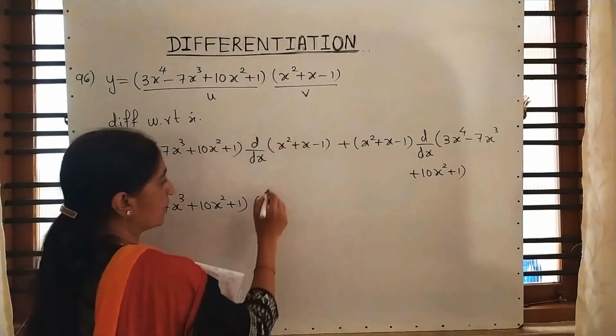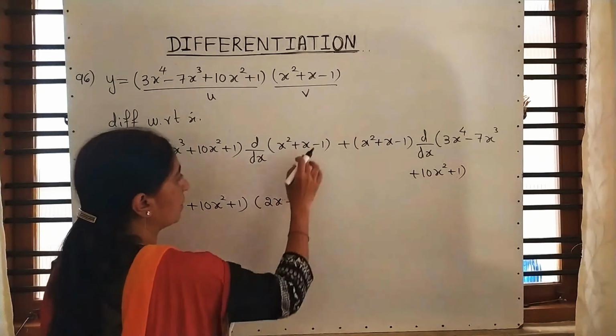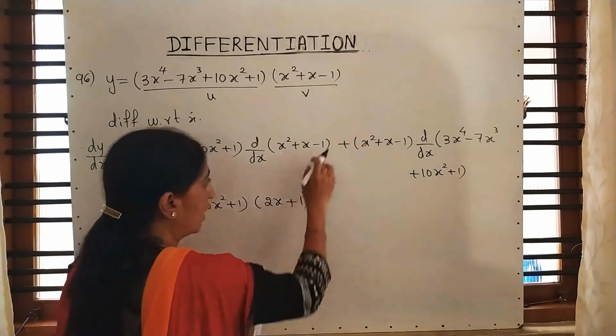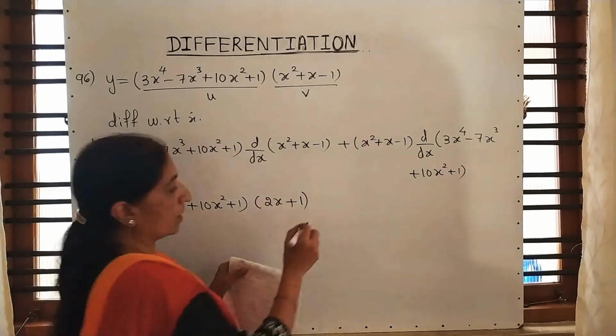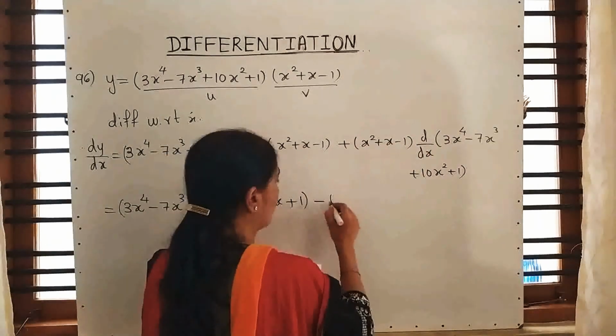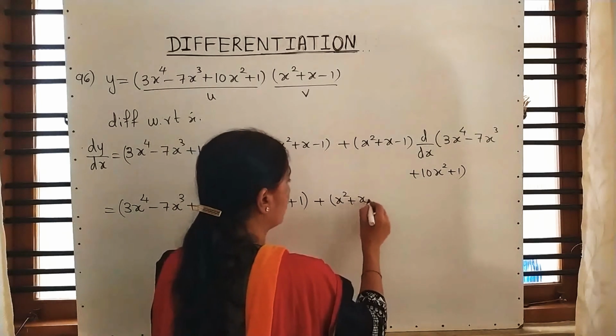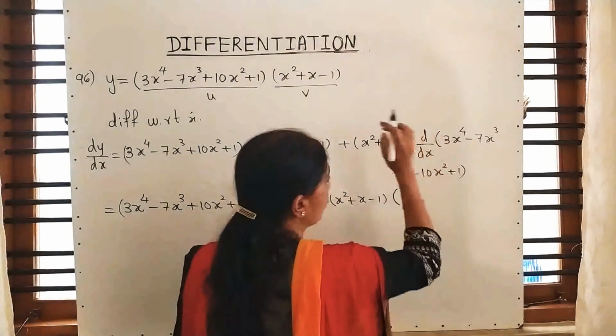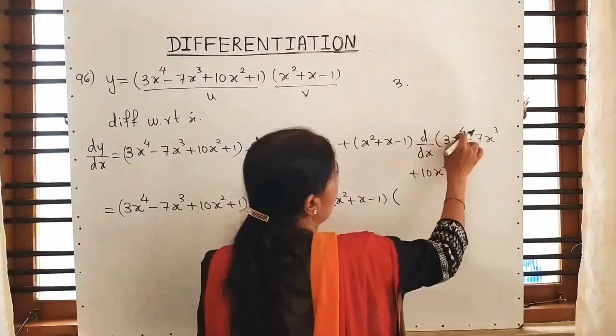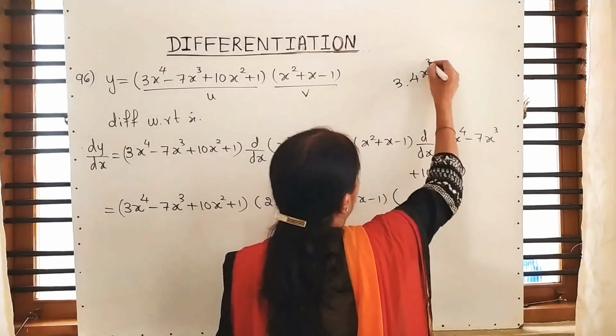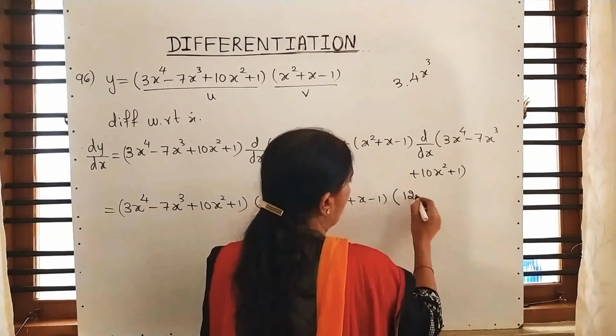Next, what is the differentiation of x square? 2x plus. Differentiation of x is 1 and differentiation of 1 is 0, so no need to write that. Next, this is before differentiation, write as it is. Next, differentiation of c, 3 as it is. Differentiation of x raised to 4 is 4x cube. That means finally we can write 12x cube.